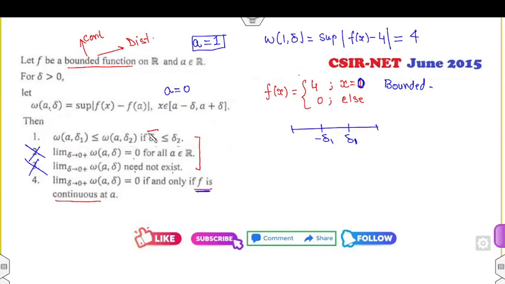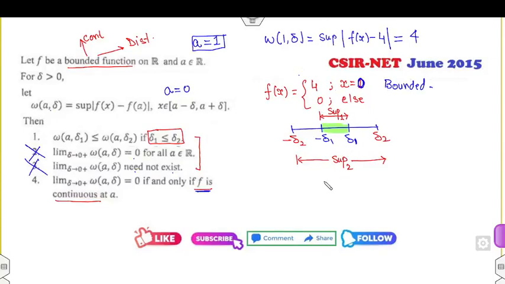Now if delta 1 is less than delta 2, that means this is my quantity. So this is my delta 1 and the complete interval is my delta 2. So definitely the supremum of omega corresponding to delta 2 is this part, and the supremum corresponding to delta 1 is this part.